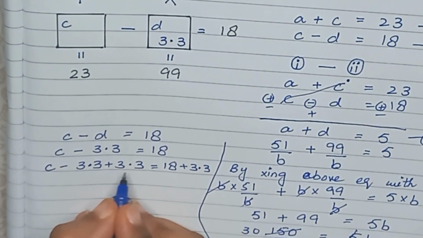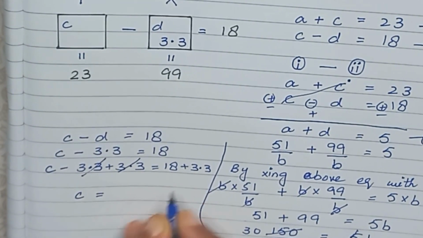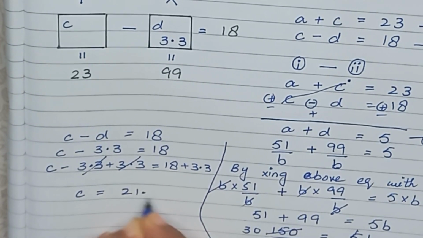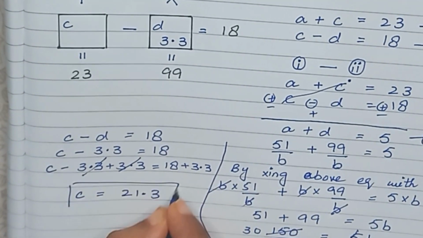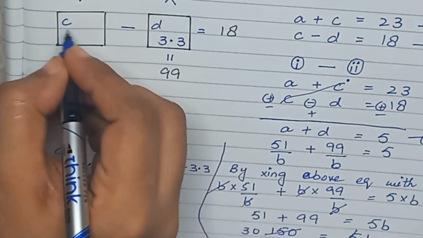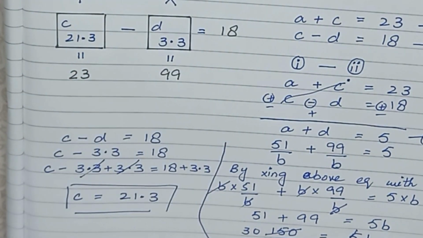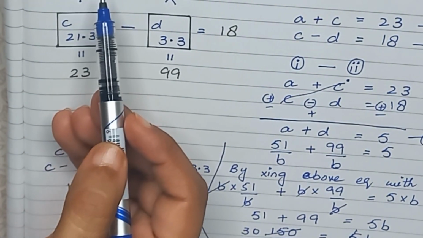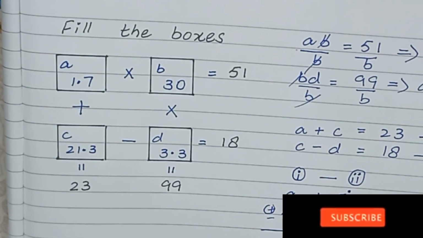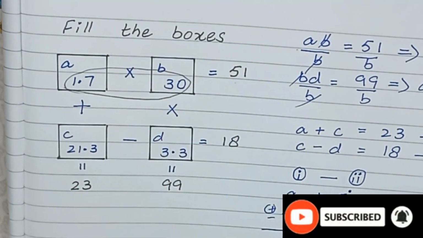So negative 3.3 and positive 3.3 will be cancelled out. So from here C is equal to 18 plus 3.3, which will become 21.3. So C is 21.3.